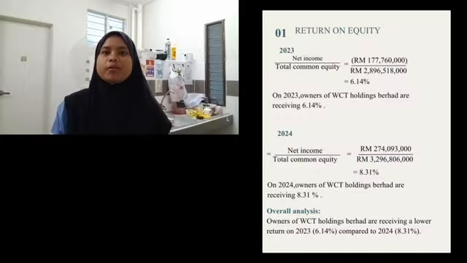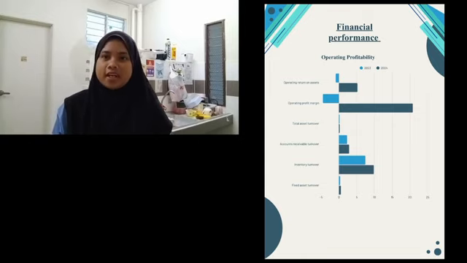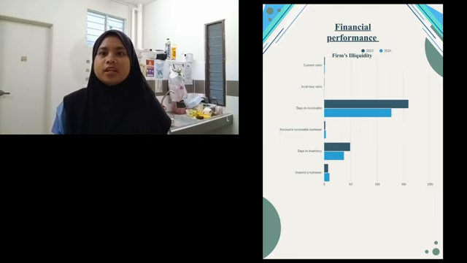Return on equity rose from 6.14% in 2023 to 8.31% in 2024, delivering a higher return to owners, a trend supported by better operating profitability, where key metrics like operating return on asset and operating profit margin moved from a worse position in 2023 to a better position in 2024. In terms of the firm's liquidity, the company showed improved short-term efficiency by significantly reducing the time it takes to collect receivables and sell inventory in 2024.